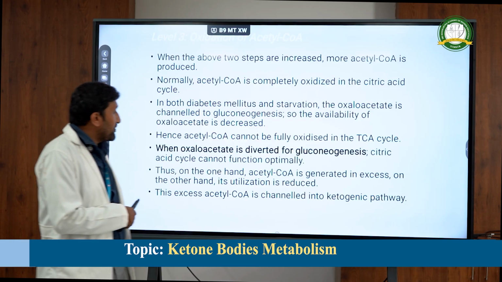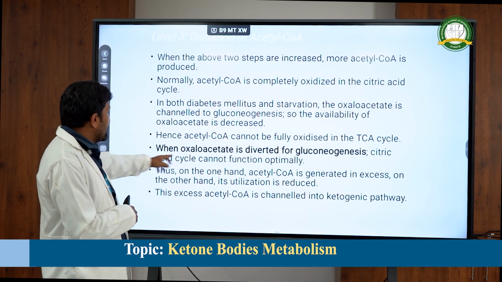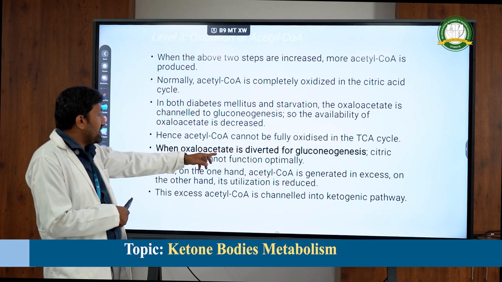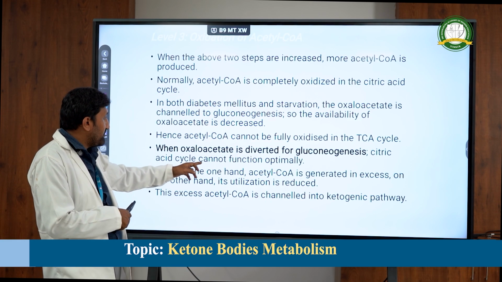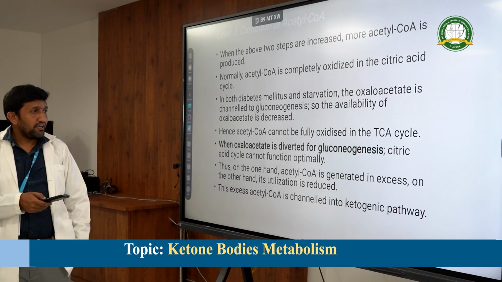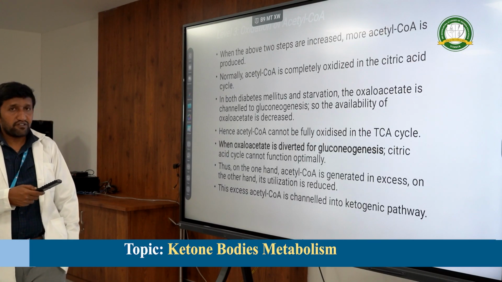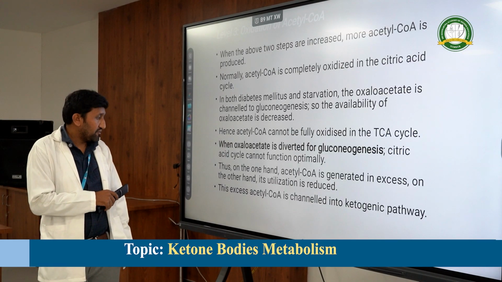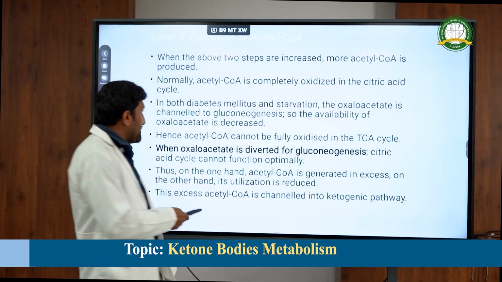Hence acetyl CoA cannot be fully oxidized in the TCA cycle. So when oxaloacetate is diverted for gluconeogenesis, the citric acid cycle cannot function optimally. Thus, on the one hand, acetyl CoA is generated in excess. On the other hand, its utilization is reduced. So this excess acetyl CoA is channeled to the ketogenic pathway.